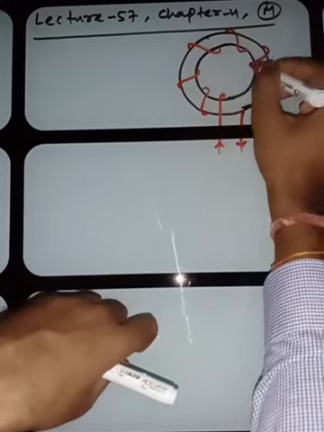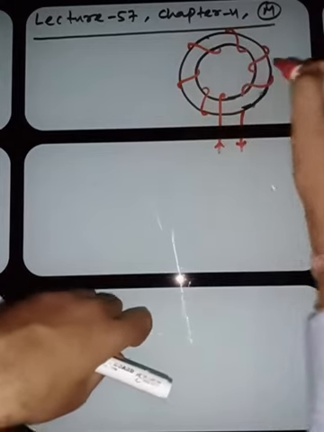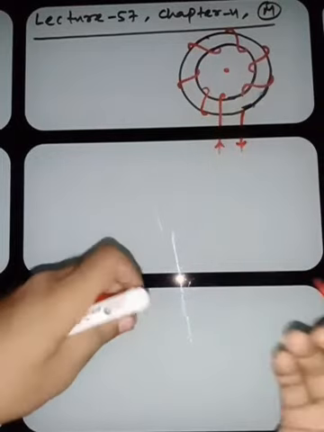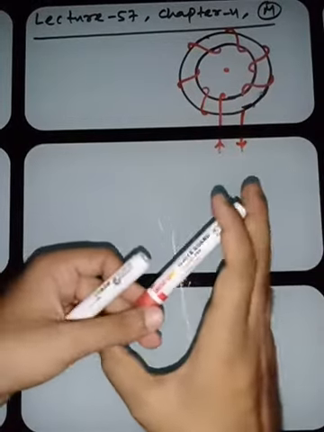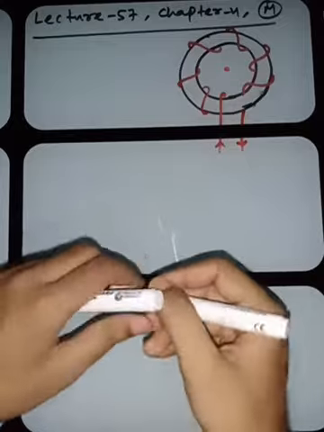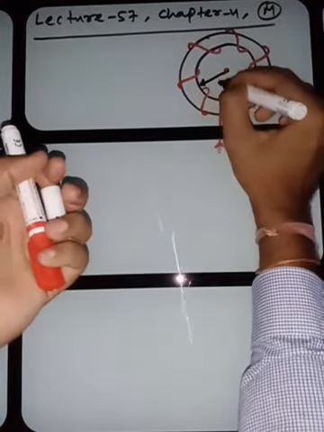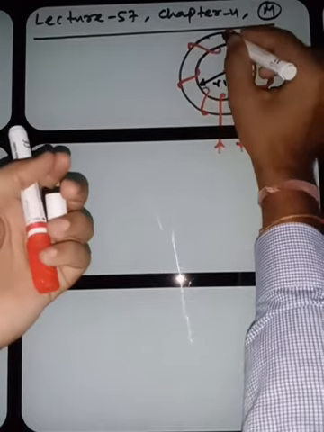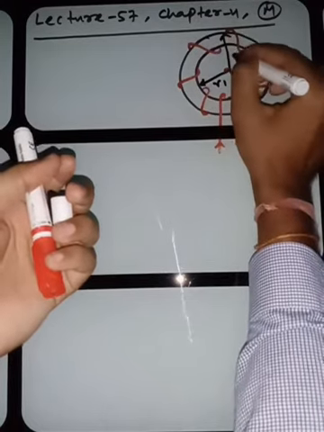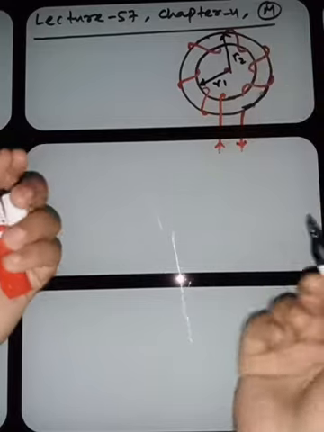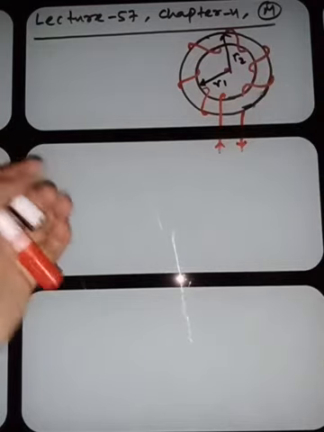This is the number of turns in the toroid. Here, my dear students, the radii of the toroid are, suppose, R1 and R2.